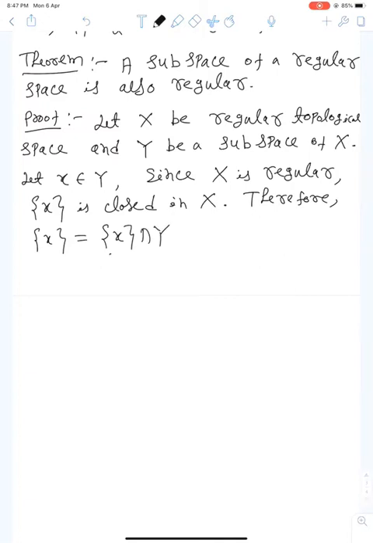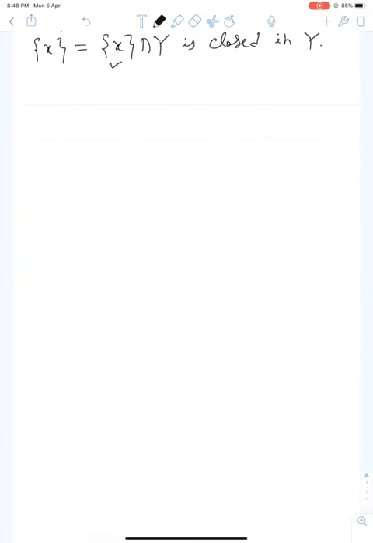Now this is closed in X and this is the intersection with Y, therefore the singleton {x} is also closed in Y. So the first condition is satisfied, that is, any single point set in Y is closed. Now we satisfy the second property.